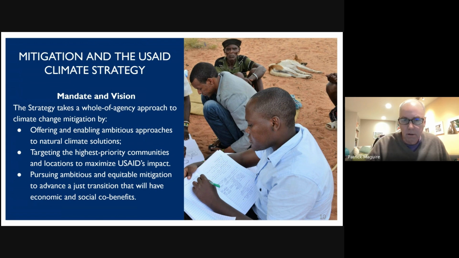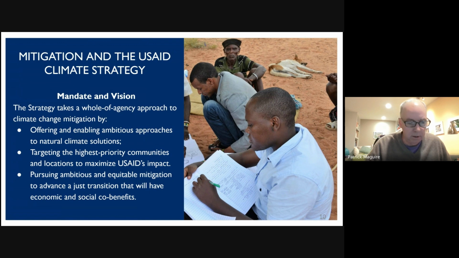And central here is the concept of enabling ambitious approaches to natural climate solutions. So looking at things like building capacity in country is particularly important, targeting highest priority communities and locations to maximize our impact. And again, this keyword of ambitious.